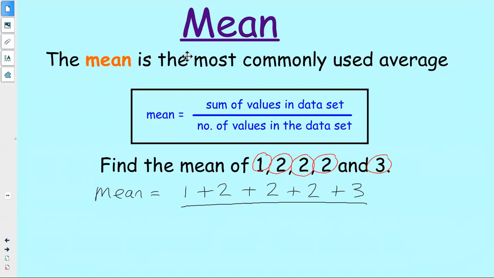So there's 5 values in this data set, so you divide by 5. So 3, 4, 5, 6, 7, 8, 9, 10 divided by 5 is 2. So the mean of this data set is 2. Let's move on.